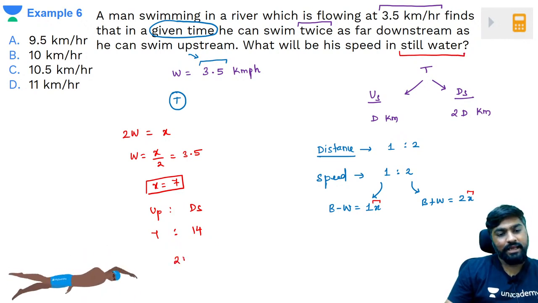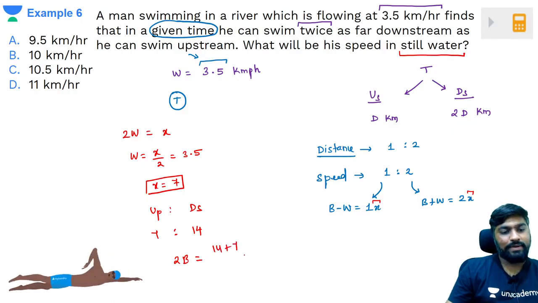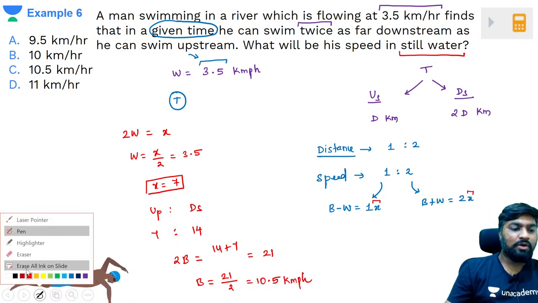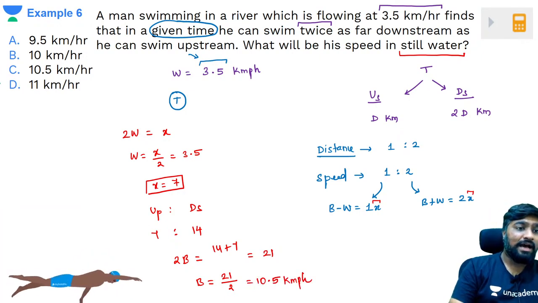So if I add, I'll get 2 times the speed of the boat. That is 14 plus 7, 21. So the speed of the boat is half of 21. That's 10.5 kilometers per hour. Yes, the same question can be done using a more efficient method.